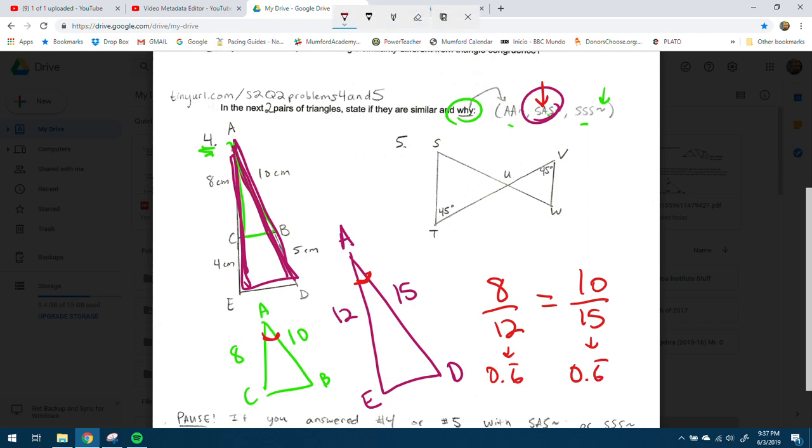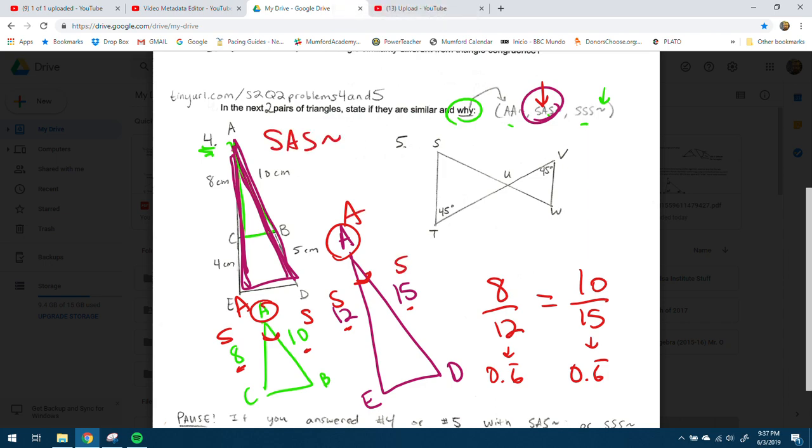So not only do we have the angles in common, we also have proportional sides. Those sides are proportional and those sides are proportional. So we can call it side, angle, side. So I'm going to say side, angle, side, similarity.